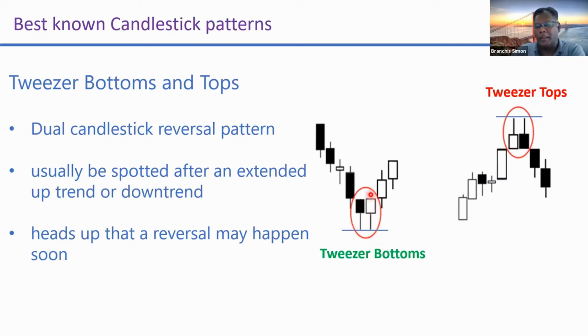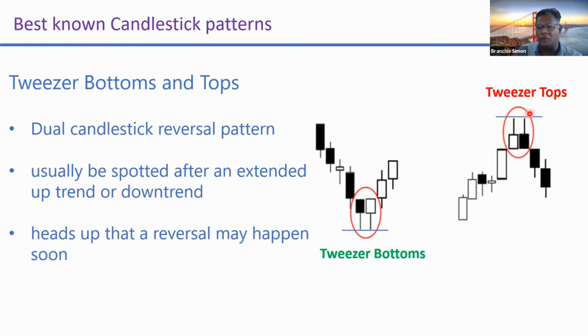Then if the next day the market is still going up, you can take the trade. So this will be a bullish market. And if you look at these tweezer tops, the market was going up, and at one level they test this level.